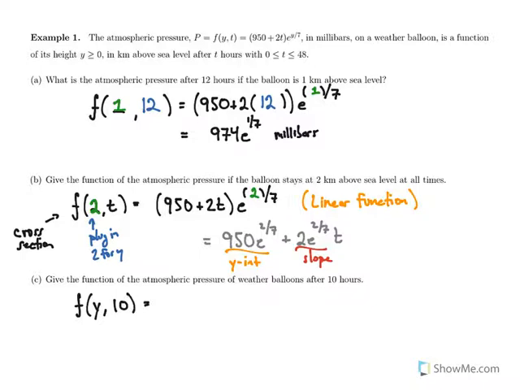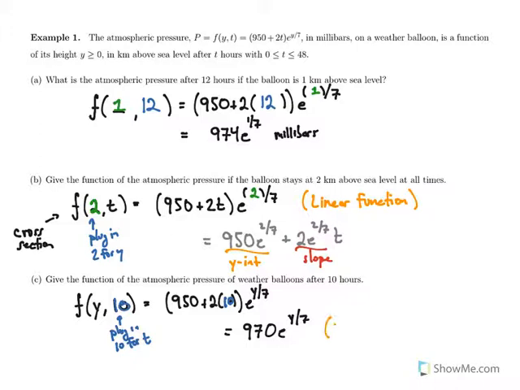This is another cross section, and this time we are going to plug in 10 for t. So this should give us 950 plus 2 times 10 times e to the y over 7. And again, that 10 is what we plugged in for t. Simplifying this, we should get 970 e to the y over 7. This is an exponential function.